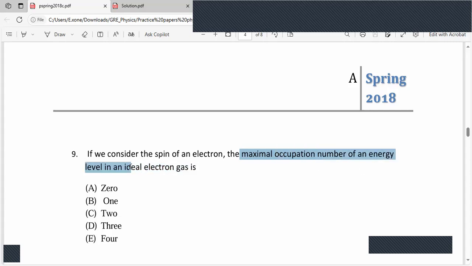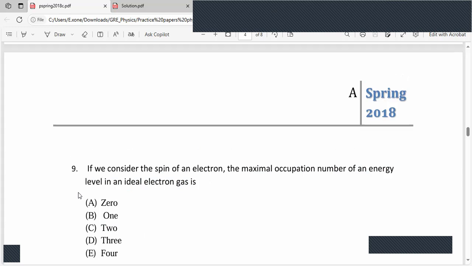We know that if we are only considering spin, the value is spin half, and it could be spin up or spin down. So the maximal occupation number of the energy level should be equal to 2. So this is the right option in that case.